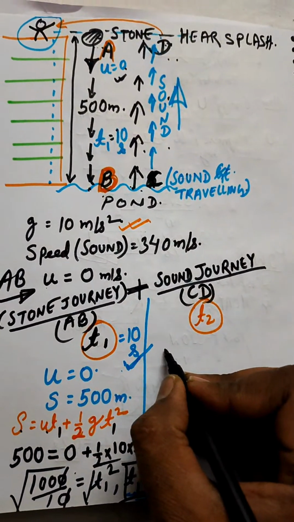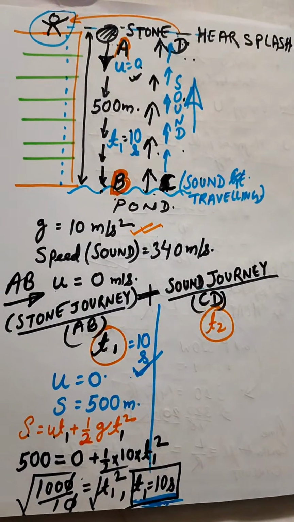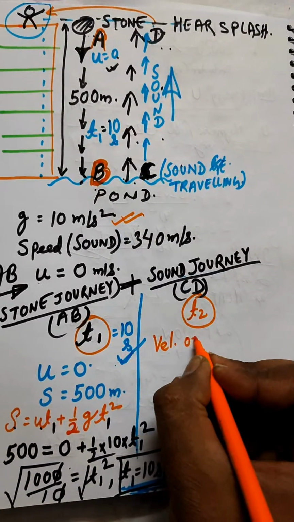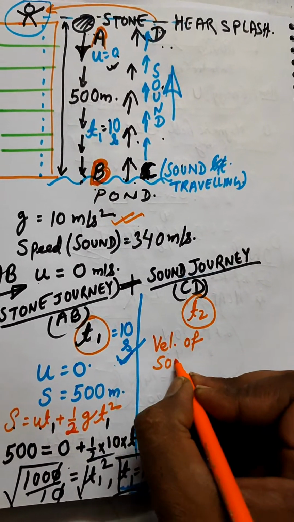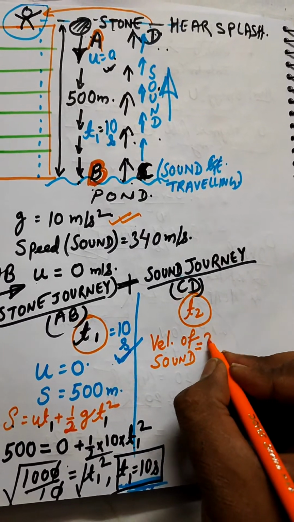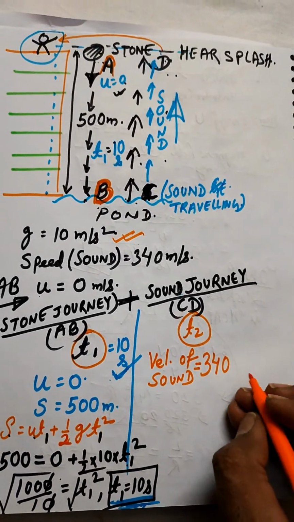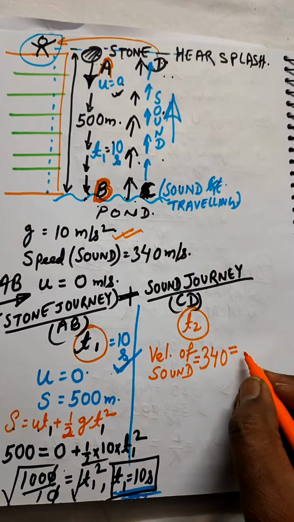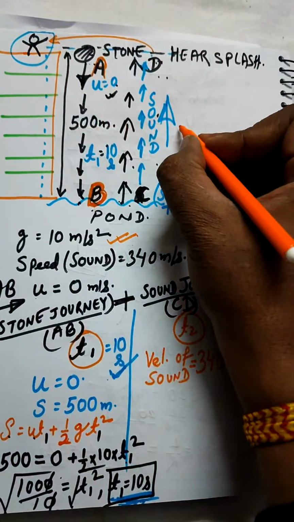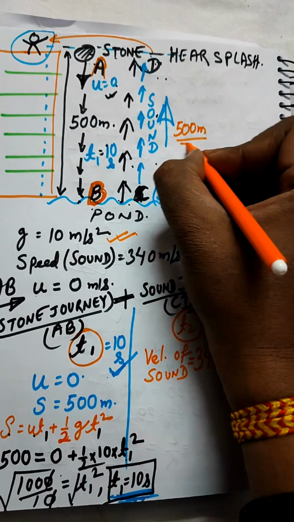You know the velocity of sound? Velocity of sound is given to you. It is given as 340 meter per second, right? And that will be equal to net displacement by time. So what is the net displacement? This is 500. Again 500 meters is traveled by the sound.